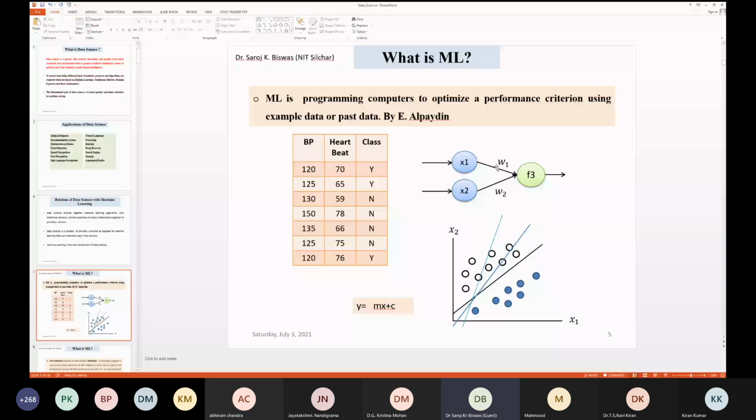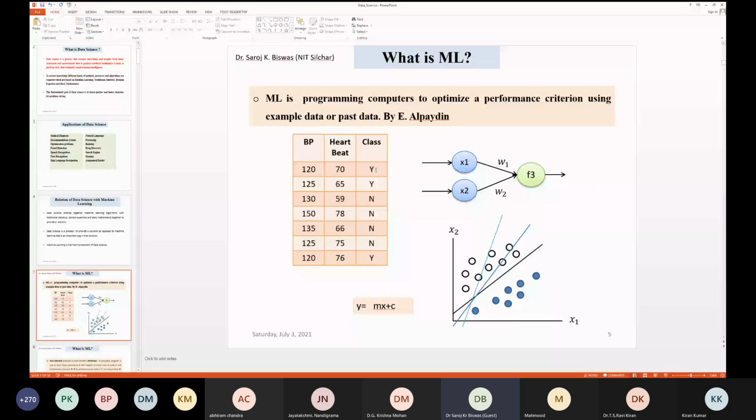Our objective is to optimize or tune those model parameters. In the case of a neural network, the model parameters are the weights. Initially we can have 0, 0 or any kind of weights. We give the data and see what output the system produces. Say the produced output is no, but the desired output is yes.